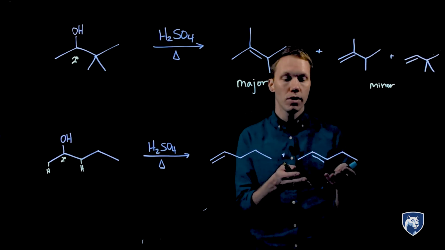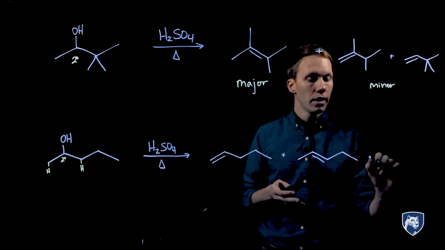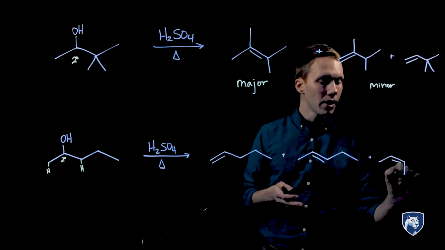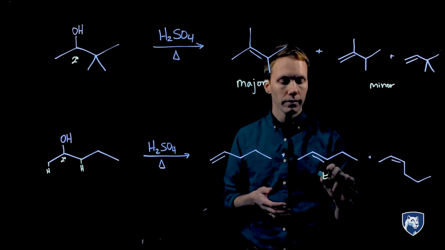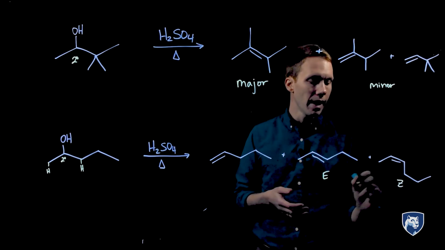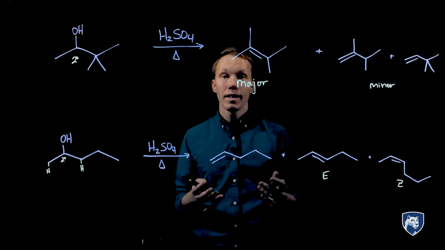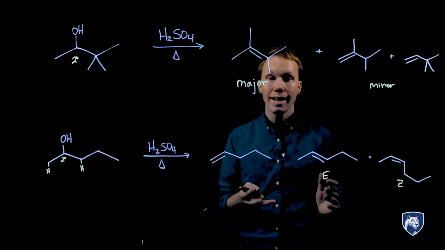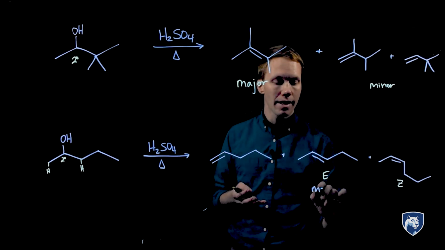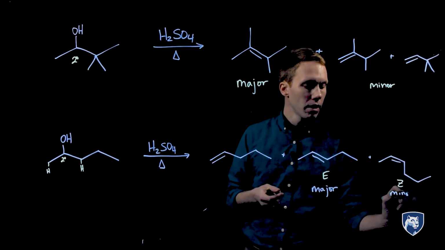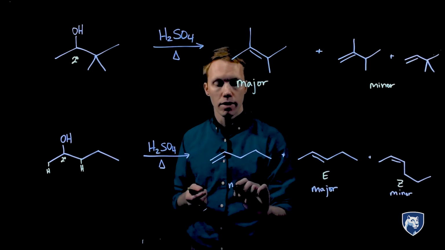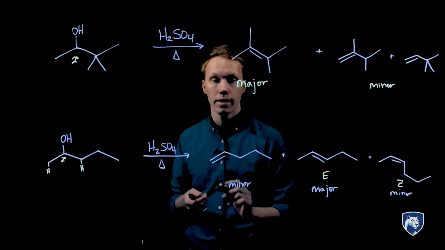And this disubstituted alkene also exists as its stereoisomer. So we have the E alkene or the Z alkene. In this reaction, we isolate the E alkene as the major product. The Z alkene and the monosubstituted alkene are minor products here.